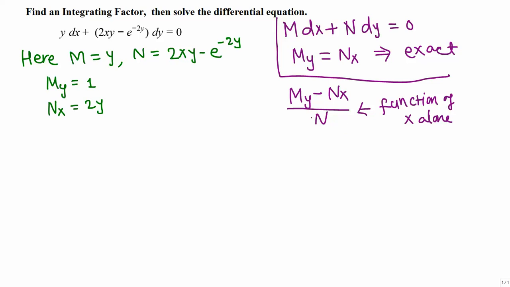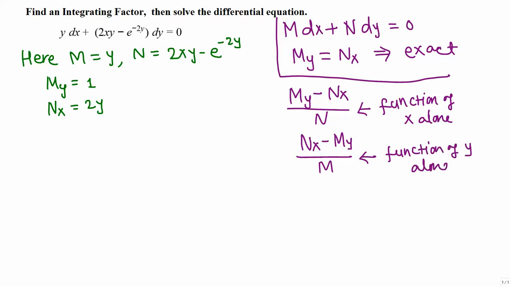If that's not the case, then we check the other way around, N_x minus M_y over M. Okay, if this is a function of y alone, then e raised to the integral of this with respect to y will be the integrating factor.